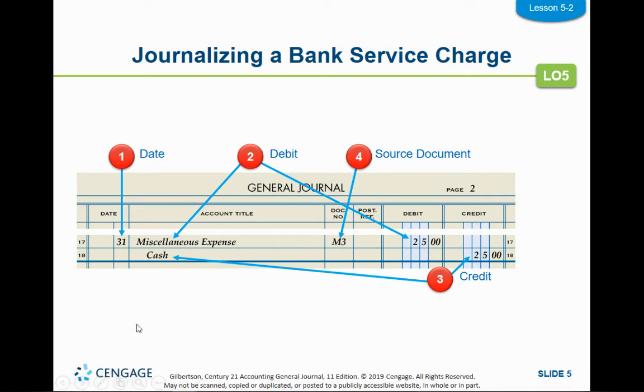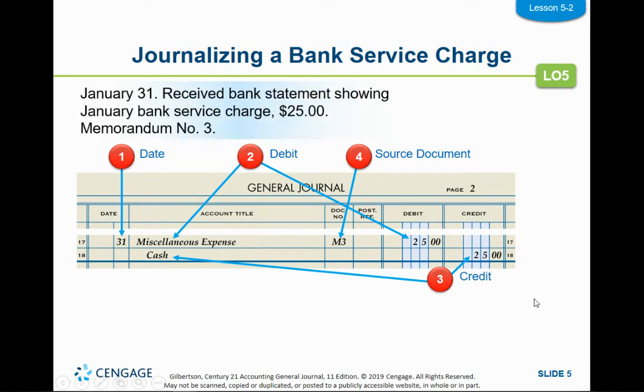So we have to do a journal entry to make our cash account correct. And that journal entry is miscellaneous expense. Some businesses might have it labeled as bank fee expense, but for now, we're just going to call it miscellaneous expense. Expenses go up with a debit. Cash is going down with a credit because we're decreasing our cash.